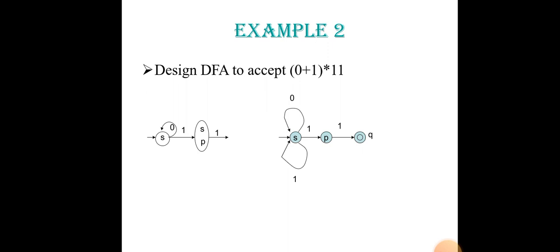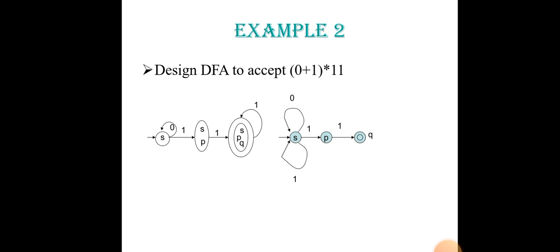So S on 0 1 1 with the whole loop for 0 plus 1 contains the S and P values, and again the S, P, Q values. This is the final state of 0 plus 1 whole star followed by 1 1. This is another example of a DFA. It ends with 1 1 again.